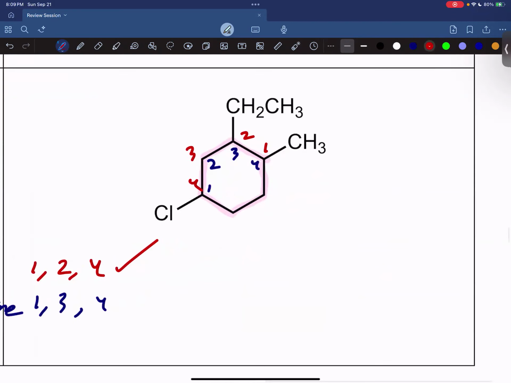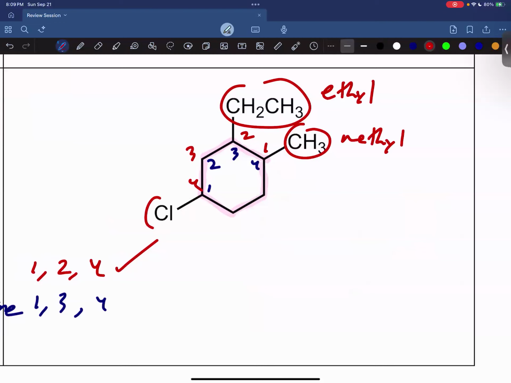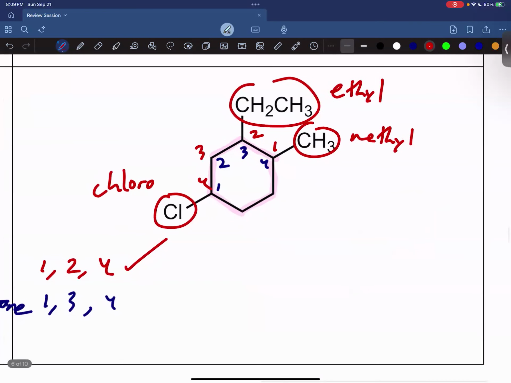So since we're going with the red numbering, we have an ethyl, we got a methyl, we got a chloro. So which one comes first alphabetically? Yes, chloro. Even though it has the lowest numbering in the branch, it still needs to come first.